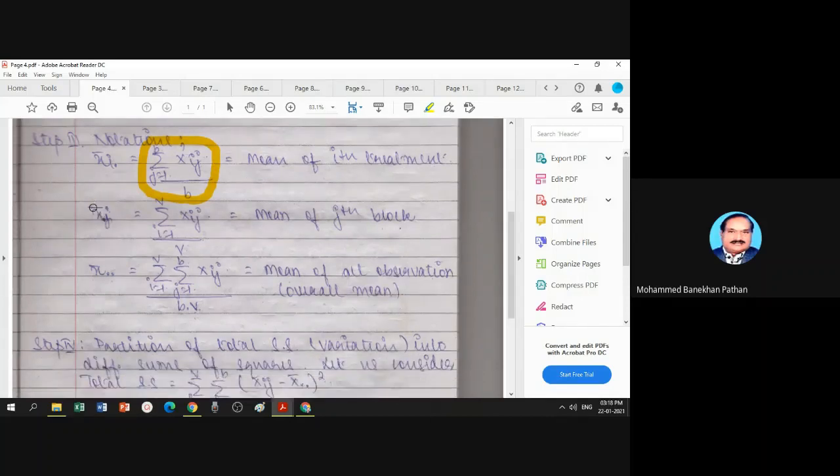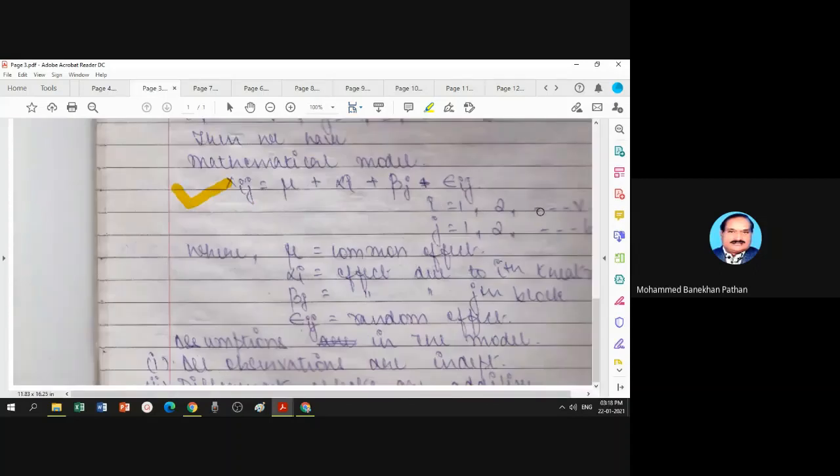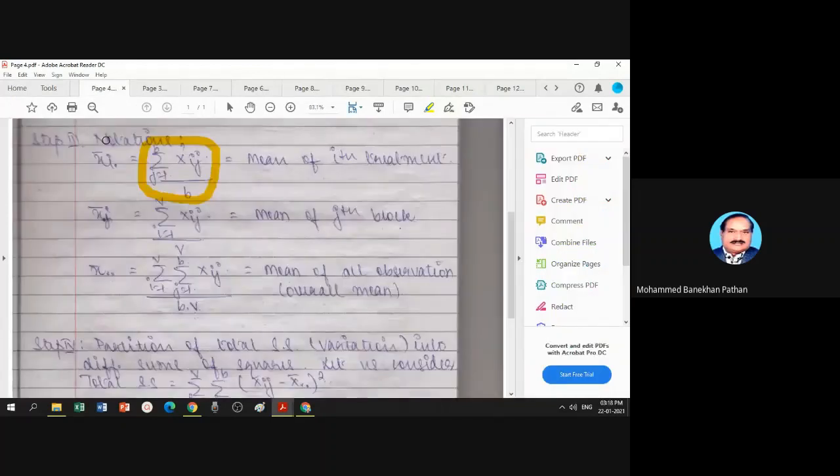Now here x bar dot j, that means dot is for i. So if you want to write a formula of this, it will be equal to summation i 1 to v. Because in the model, I have written i is 1 to v and j is 1 to b. So same thing in the formula. i 1 to v X_ij.